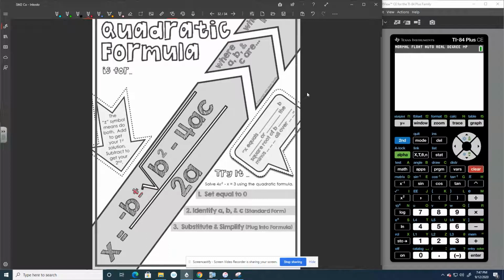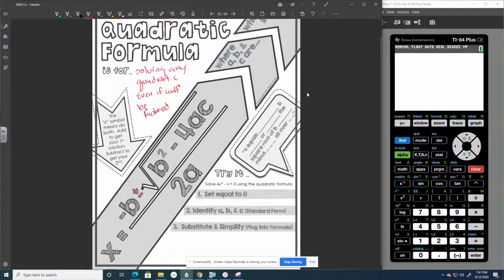So this quadratic formula is really for solving any quadratic, even if it can't be factored, okay? This will always work. It just comes with a really big formula.